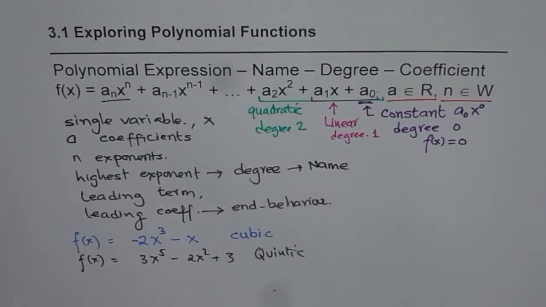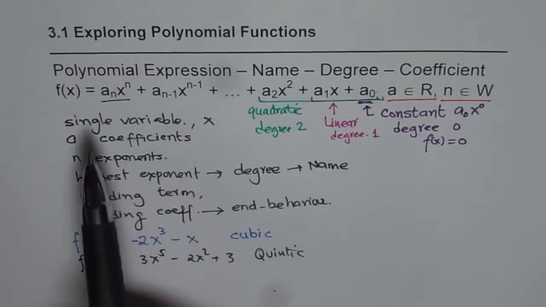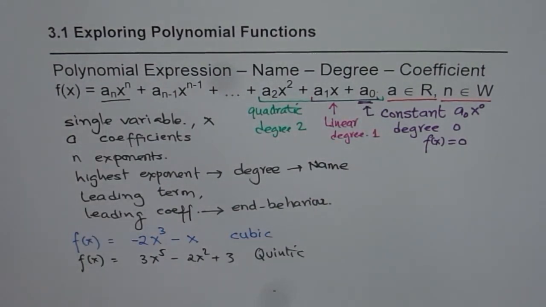So you have seen in this video that a polynomial is given in standard form as a_n x^n plus a_(n-1) x^(n-1) and so on till a_0, where a_0 is the constant term and a_n is the leading coefficient. And the name of the polynomial depends on its degree, the highest exponent, right?